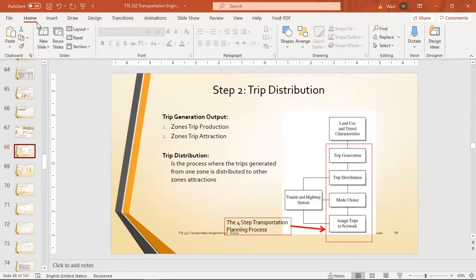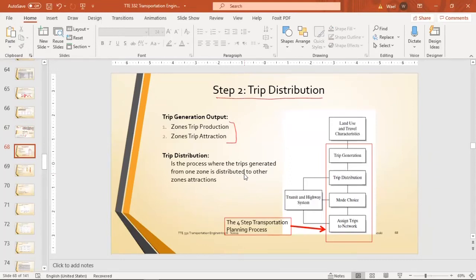This is the trip distribution step, and here the input is basically from the trip generation, which is the trip production and trip attraction for each zone. In this process, we are looking for where the trips generated from one zone are distributed to other attractions.